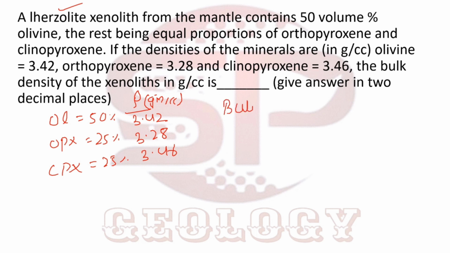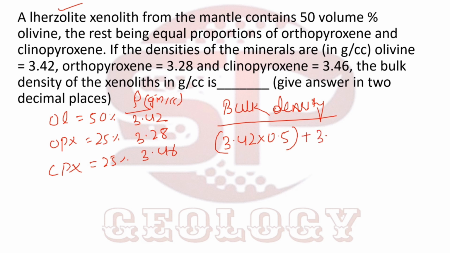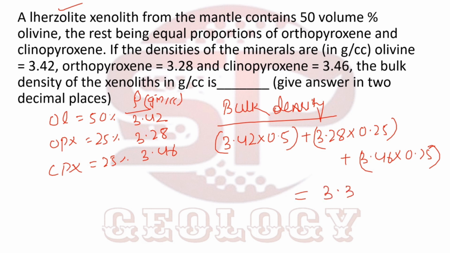So bulk density will be 3.42 into 0.5 plus 3.28 into 0.25 plus 3.46 into 0.25. So it will be 3.395.